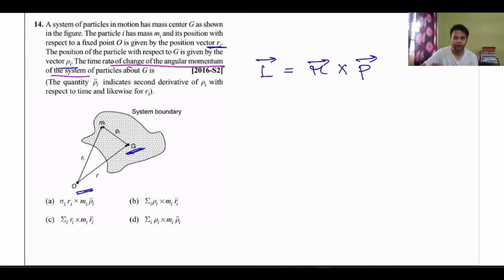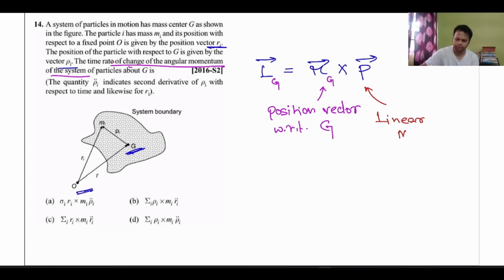If I am taking angular momentum about point G, this is the position vector with respect to point G. And this is P, not rho; P is linear momentum, which can also be written as mass into velocity.